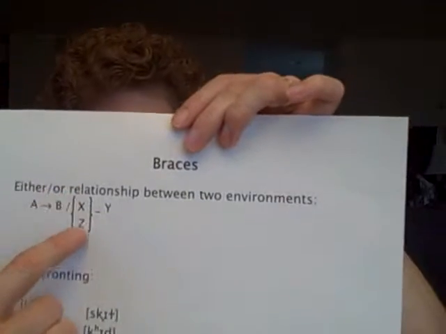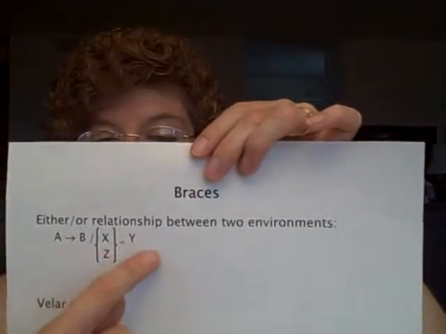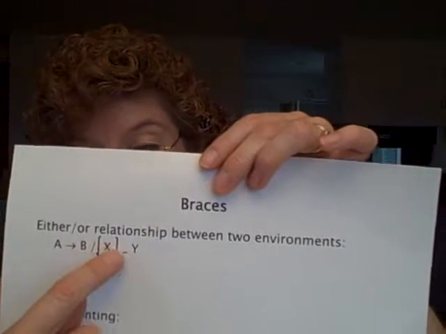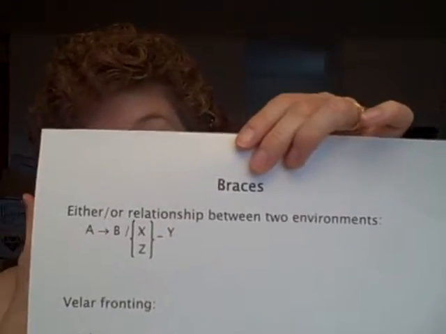Braces or brackets, these wonderful things. So you might have two options that happen. So A becomes B when X or Z is in front and then Y is at the end. This happens in velar fronting.